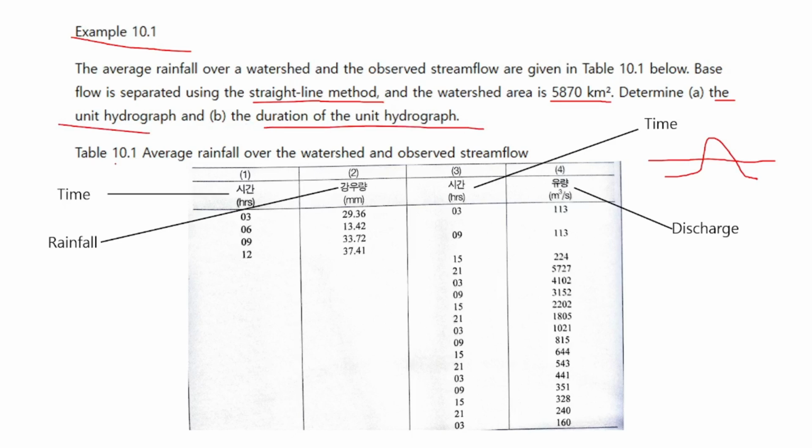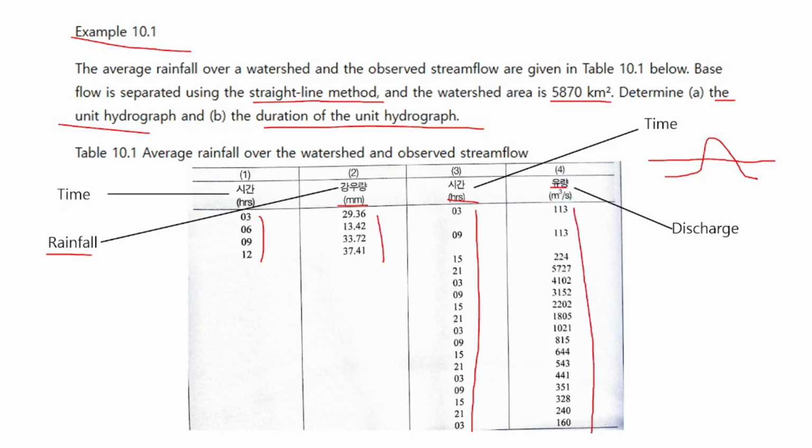So table 10.1 shows the average rainfall over the watershed and observed stream flow. We have time and rainfall in millimeters, and then we have time again in hours, but this is time for the discharge. So we have discharge in cubic meters per second.